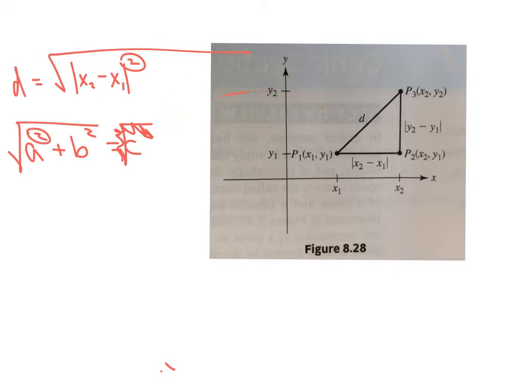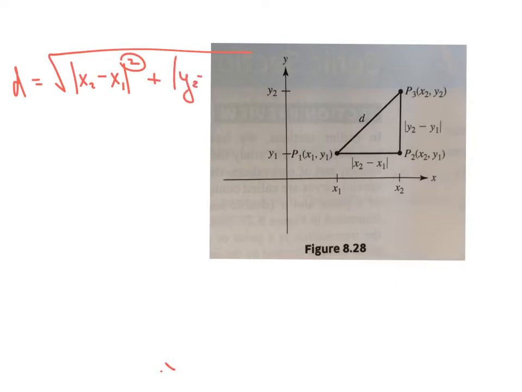All right, let's continue on with this formula, this distance formula. Plus absolute value of y2 minus y1 absolute value, and that's squared. So that is going to give you the distance d, the hypotenuse. And that's just a real simple formula for you to use in order to find that.